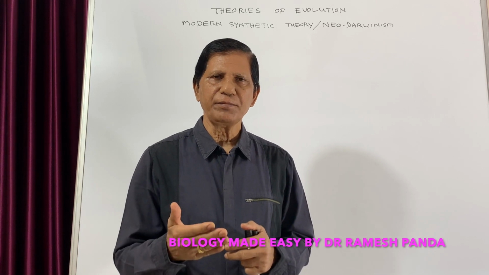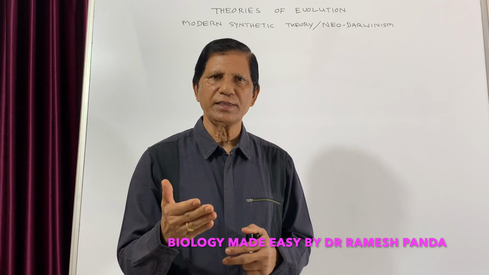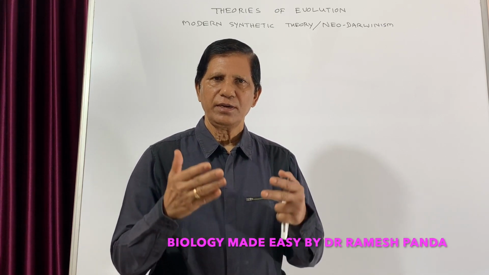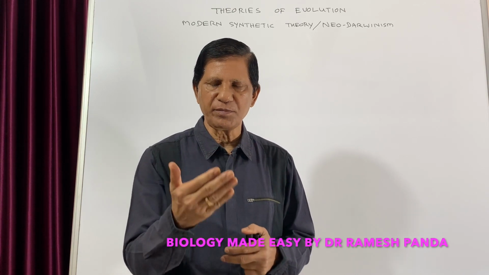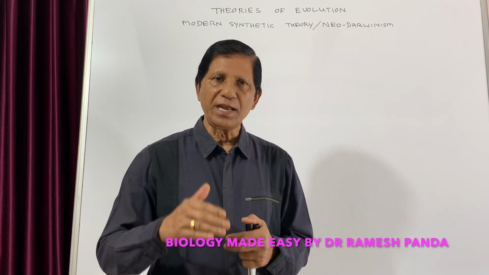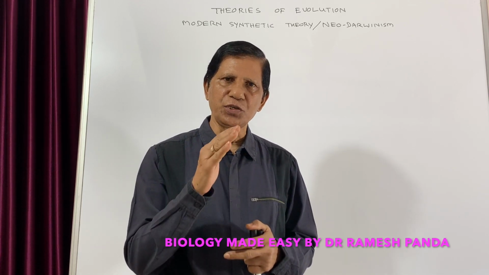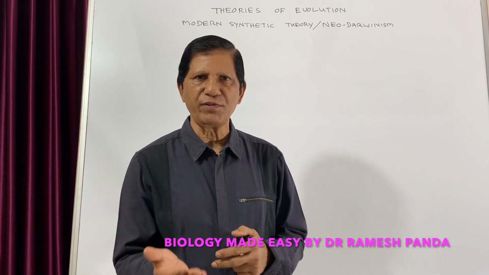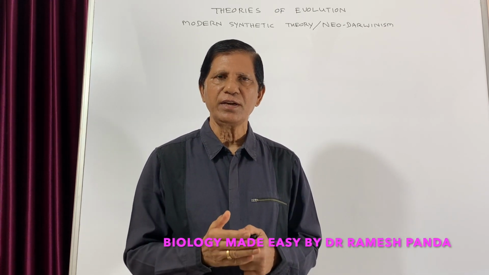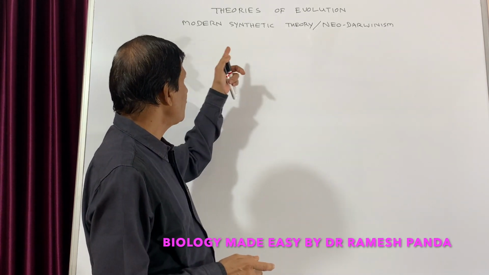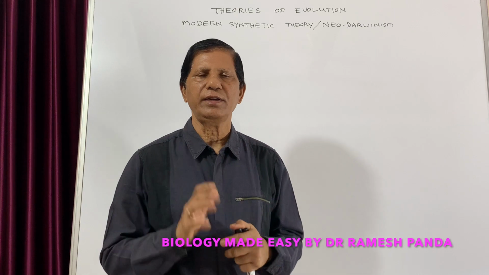By this time, there was advancement in the science of genetics, molecular science, paleontology, ecology, as well as ethology. Ethology means the study of behavior. So with the advancement of all these studies, Charles Darwin's theory of natural selection was modified, and that modified form of Darwin's theory is known as the modern synthetic theory or Neo-Darwinism that we'll discuss today in this video.